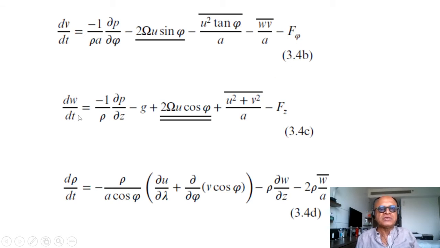Dissipation or friction in the vertical, we will soon see that the balance can be reduced essentially to minus 1 over rho dp dz equals minus g when there is no friction and when the scales of motion in the vertical are such that these terms can be dropped.